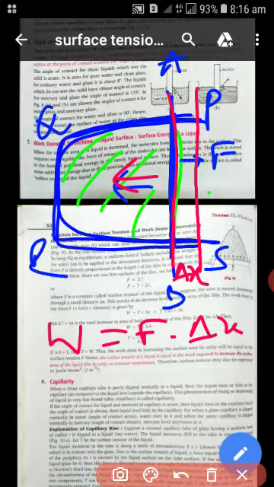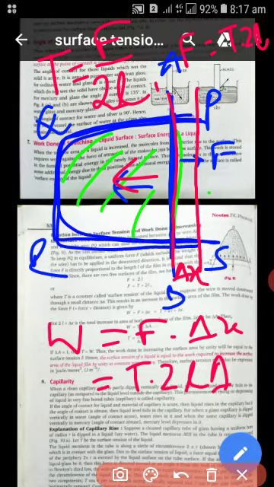Now students, you tell me what is called surface tension. T is equal to force by length. Say with me, surface tension equals force by length. Now see here, there are two sides, so you multiply the length by 2, so F by 2l.